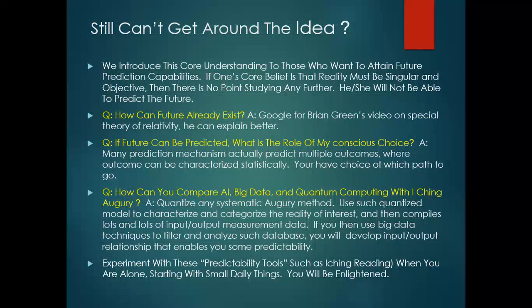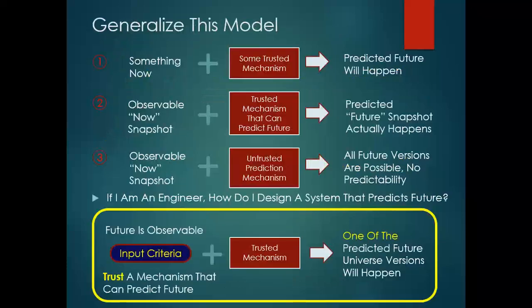If one's core belief is that reality must be singular and must be objective, then there's no point studying any further. He or she will not be able to predict the future. And that's what we described earlier. If you choose to have an untrusted prediction mechanism, you just don't believe anything that can help you predict the future, okay, you will not predict the future. Future versions, all versions are possible.